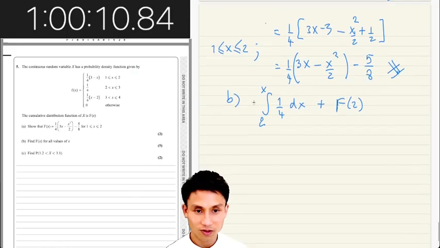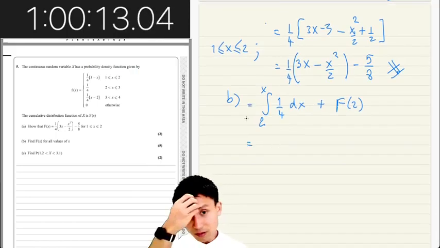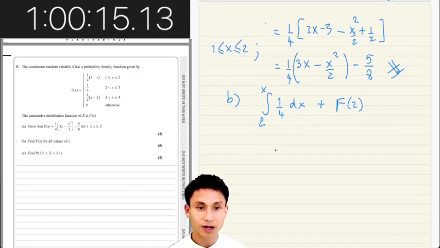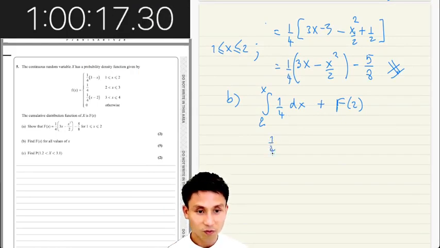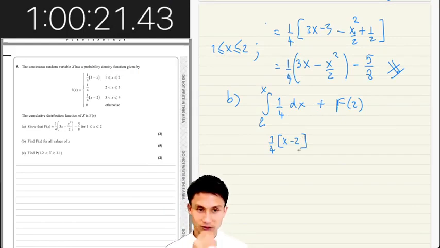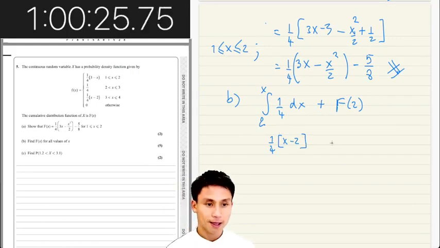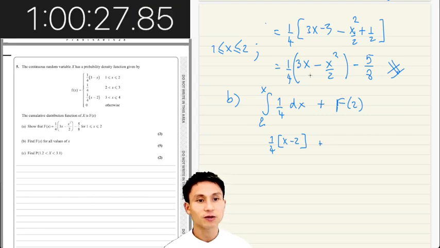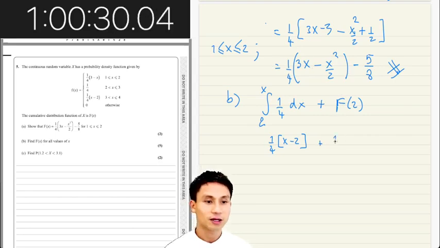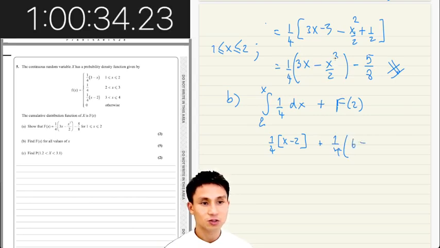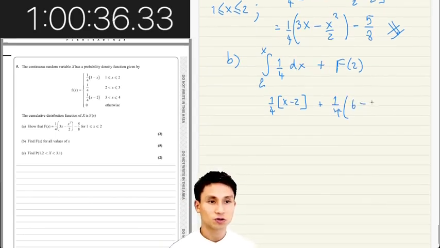Okay, so we're just going to do that. So this is the second part. That's going to be 1 over 4 and then x minus 2 here, just substituting the bound in already, integrating. And if you sub 2 in here, what do you get? 3 times 2 is 6. 2 to the 2 is 4, so over 2 is 2, and minus 5 over 8.